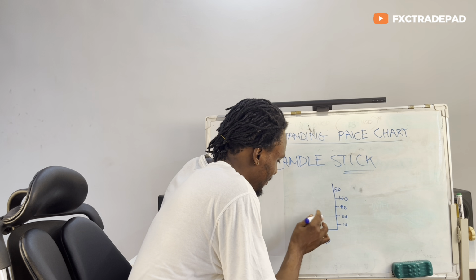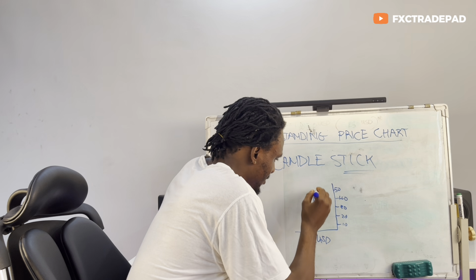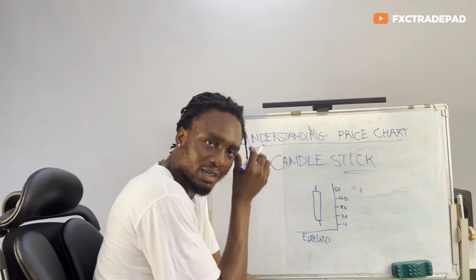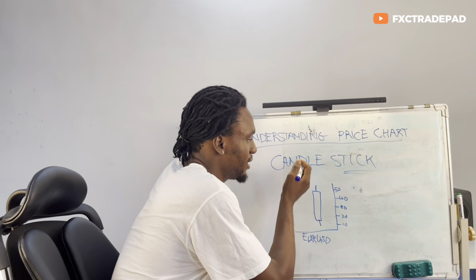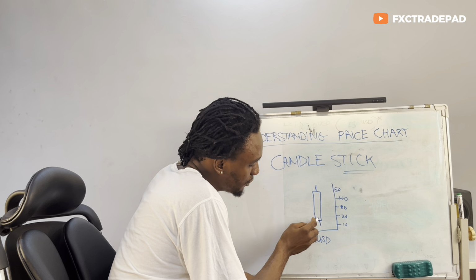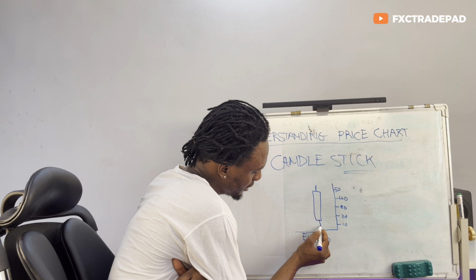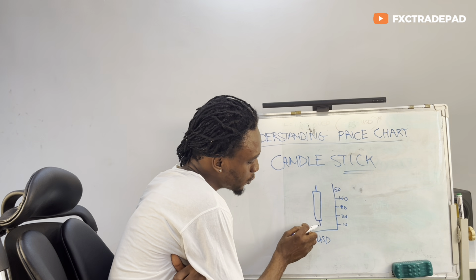So if we're trading Euro USD, for an example, let's say we have one long candle. What happened here? If this is a bullish candle, price opened at, let's say, about $15. That's where price opened. And when price opened at $15, it actually came down to almost $10 before rejecting. So what does wick look like?